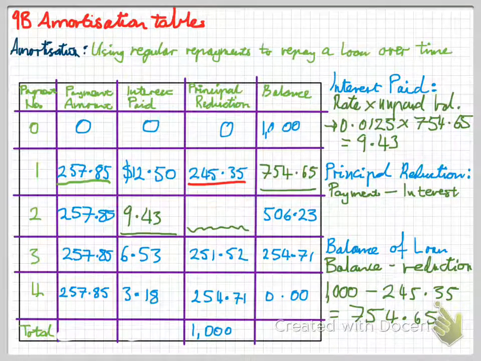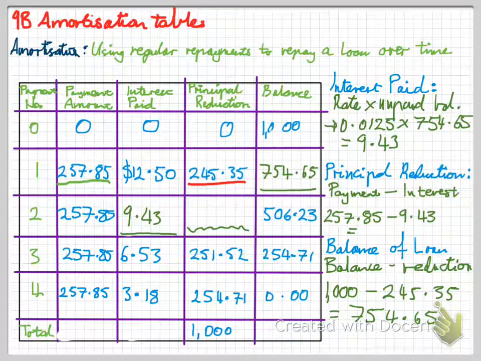You can see that we paid $257.85, a regular payment as before, and the interest we paid, as we just worked out, was $9.43.